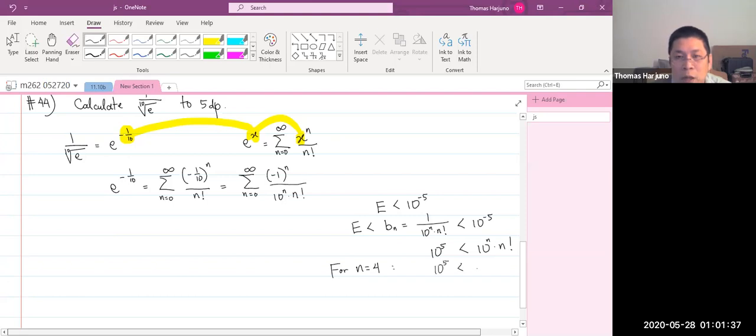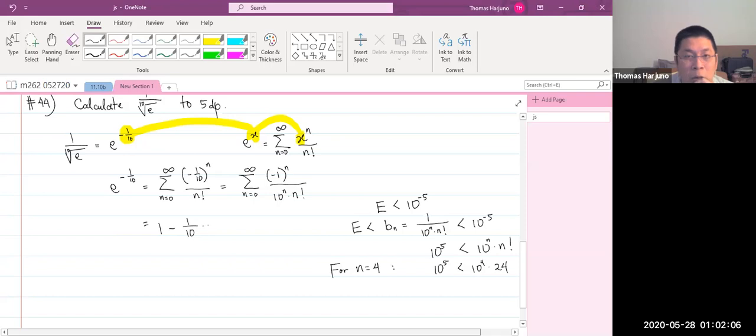Yeah, this is 10 to the 4, and 4 factorial is 24. So I just need 4 terms, up to n equals 4. When n equals 0, that's 1. When n equals 1, it's minus 1 over 10.